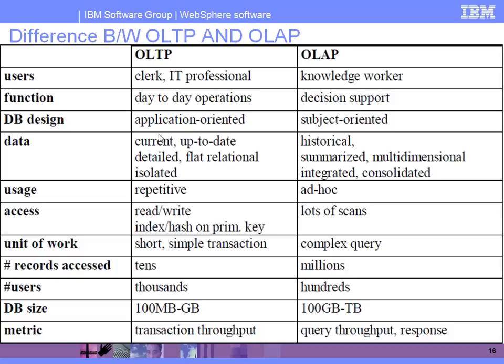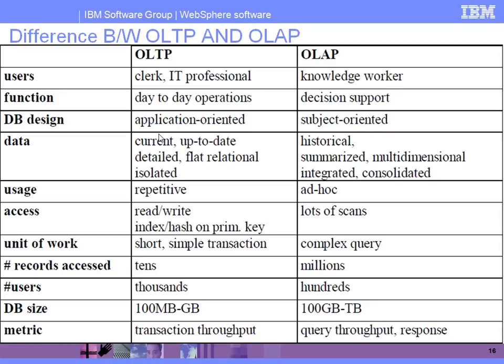But OLTP data we use repetitively. The same data we fetch, again the same data we fetch, like this, repetitively, for running the business. But when we go for OLAP, we use that data to generate reports. That we can simply call ad hoc usage.